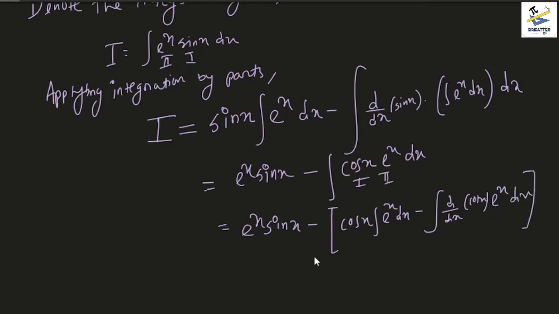I'll just write e to the power x dx here. So it becomes e to the power x sin x minus e to the power x cos x, and d/dx of cos x is minus sin x, and minus becomes plus. It becomes e to the power x sin x dx.